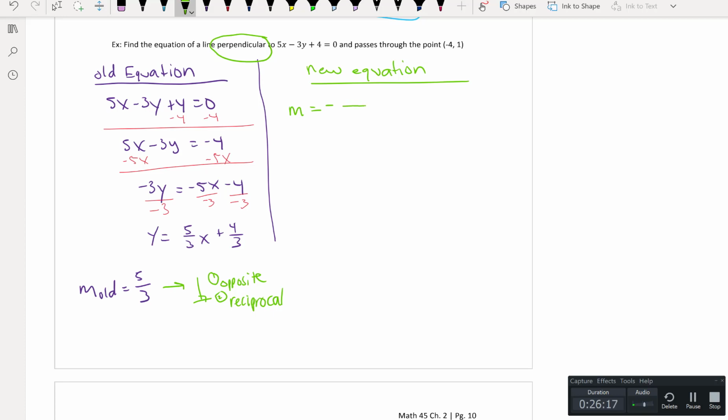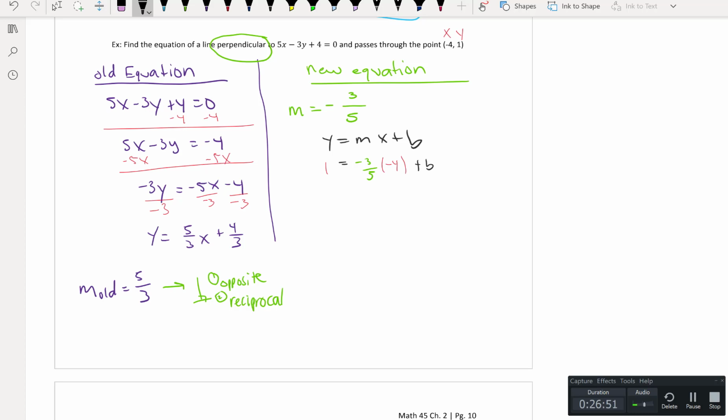So now it's going to be 3 over 5. And I have my ordered pair. So I have my x and my y value that I'm plugging in. So I have y is equal to mx plus b. So I'm going to plug in my y value, which is 1. I'm going to plug in my m value, which is negative 3/5. I'm going to plug in my x value, which is negative 4. And I have my plus b.